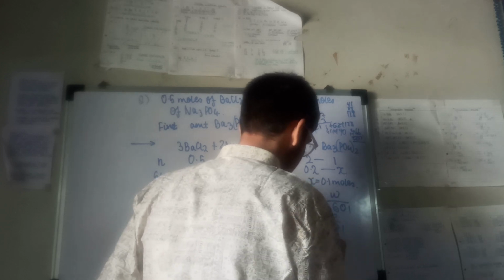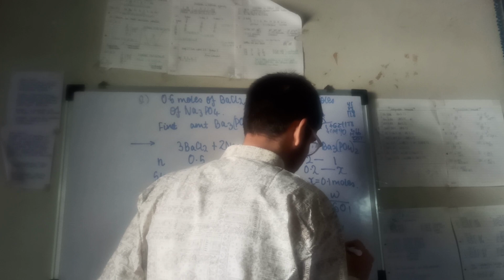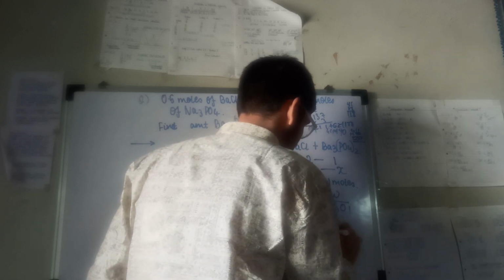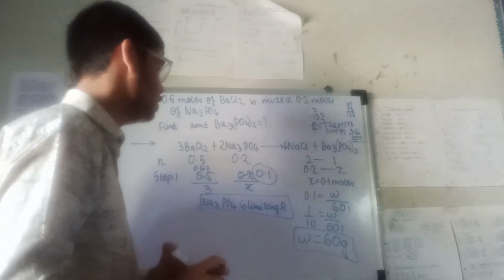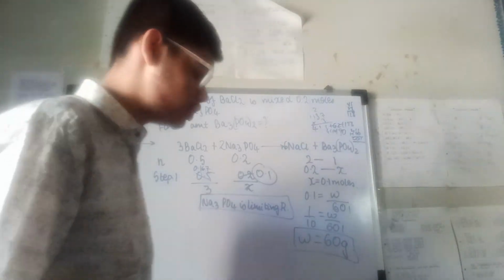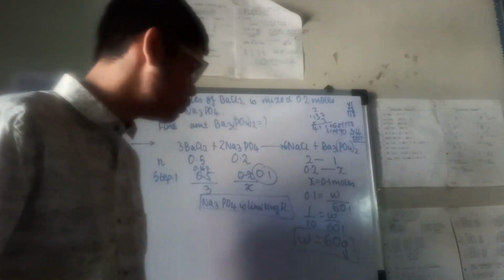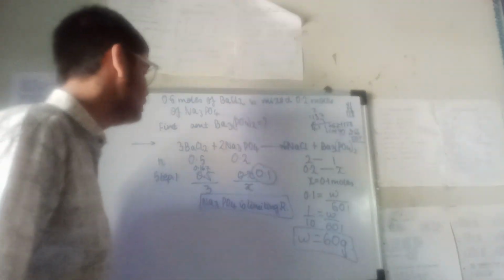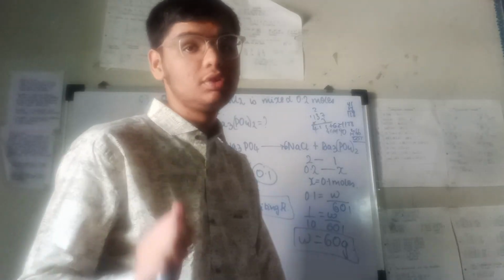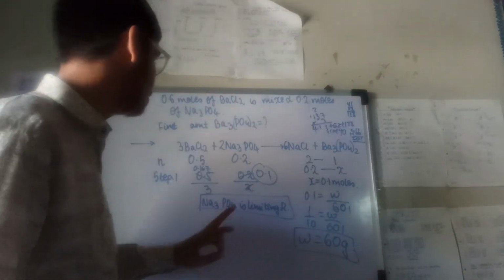So the weight is 60.1, or 60 grams I will write. So the amount of Ba3(PO4)2 formed is approximately 60 grams, or you can say 0.1 moles of Ba3(PO4)2 is formed. Second question is done. Clear the concept.